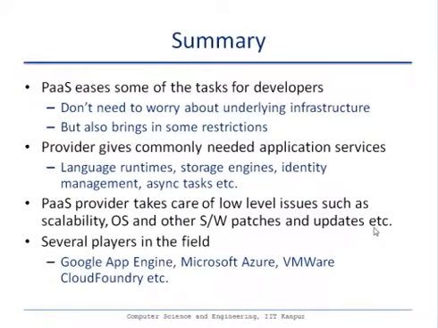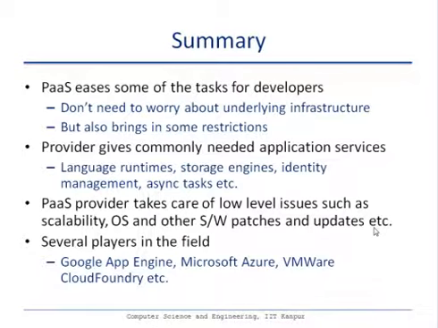So just to summarize, a PaaS platform typically eases the tasks of the developers, and Google App Engine has been targeted for this kind of scenario where you don't need to worry about the underlying infrastructure's management and maintenance. Basically, you are mainly focusing on your development activities where you code your logic in your applications, and you're not worried about, as I said, the underlying operating system and other concerns.